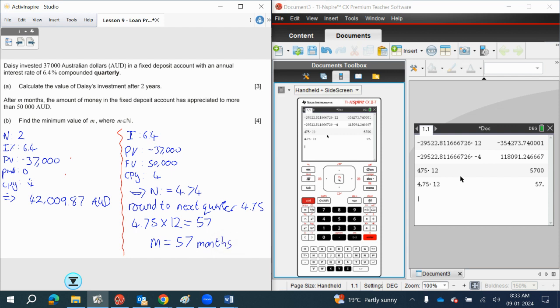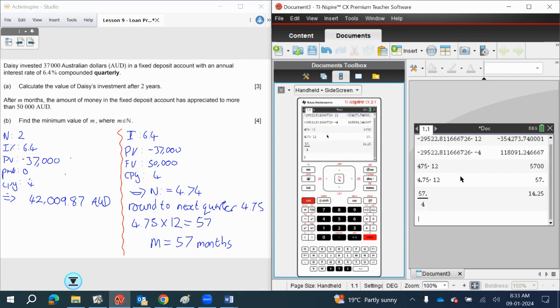That can't be right. That's not a quarter month.